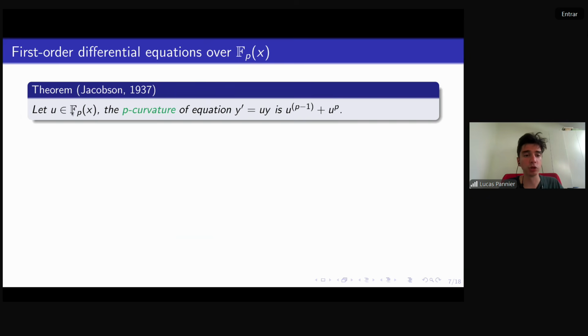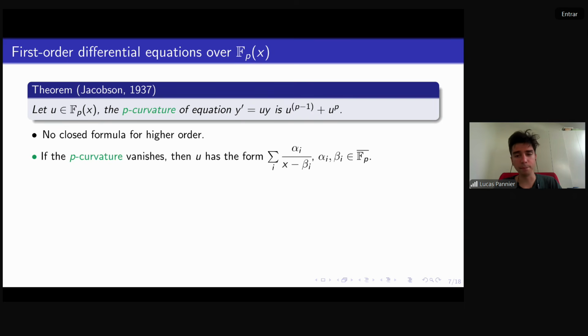So if u is a rational function over Fp, then the p-curvature of this differential equation is the p minus 1 derivative of u plus the p-th power of u. This is very specific to first order differential equations, as there does not exist a closed formula for higher order. And from this statement, we can derive many things with the same computations as we did in the characteristic 0 case.